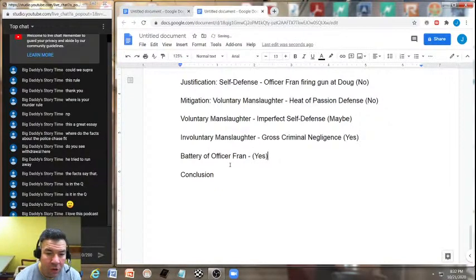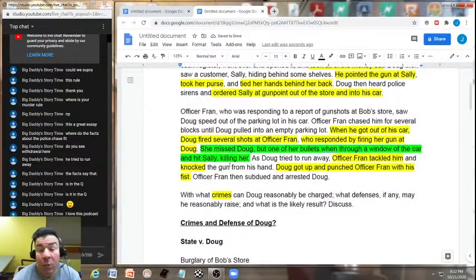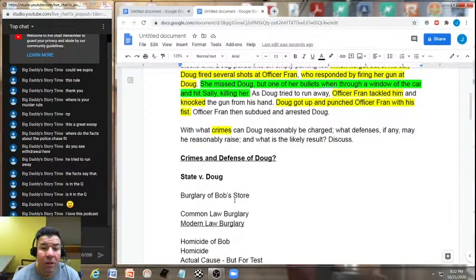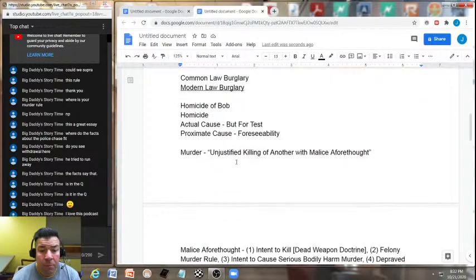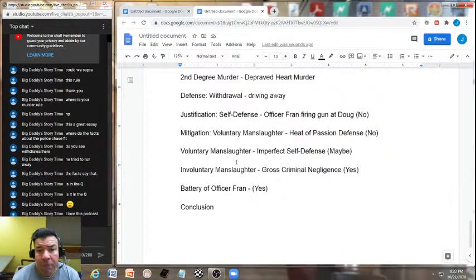Let's go back up to our Q to make sure we're on the same page. When Doug got up, he punched Officer Fran with his fist. Officer Fran then subdued and arrested Doug. So when Doug got up and punched Officer Fran with his fist, that was the fact that represented support for our battery of Officer Fran.